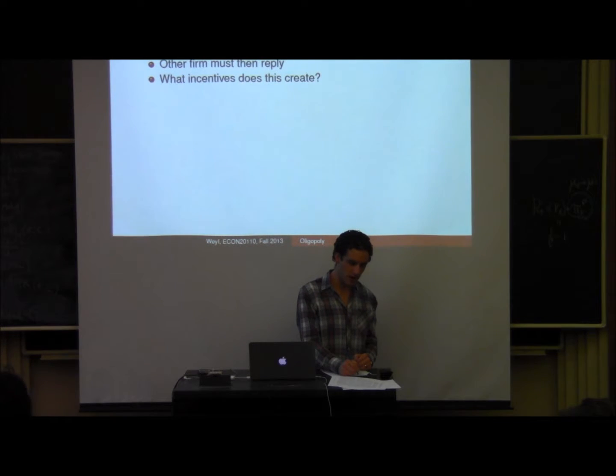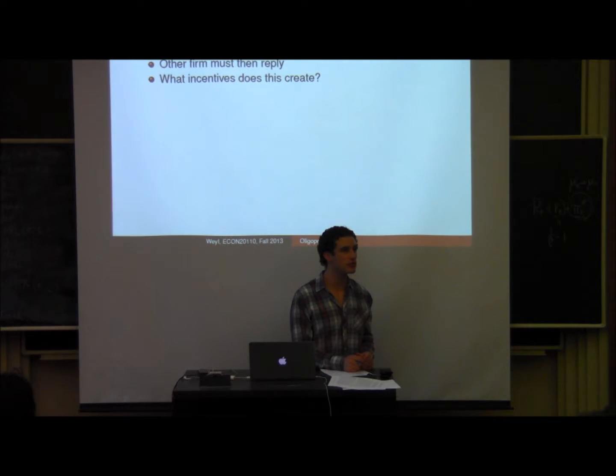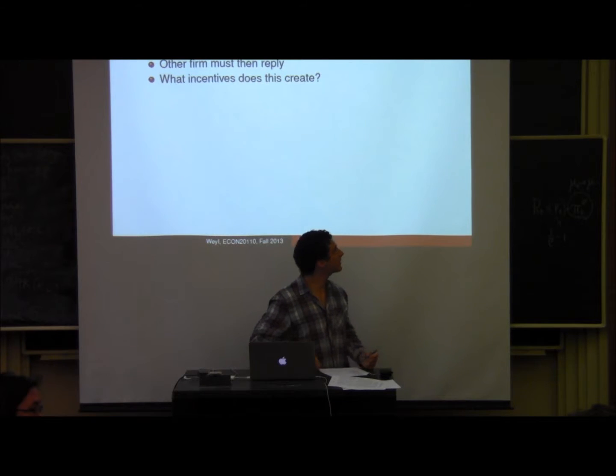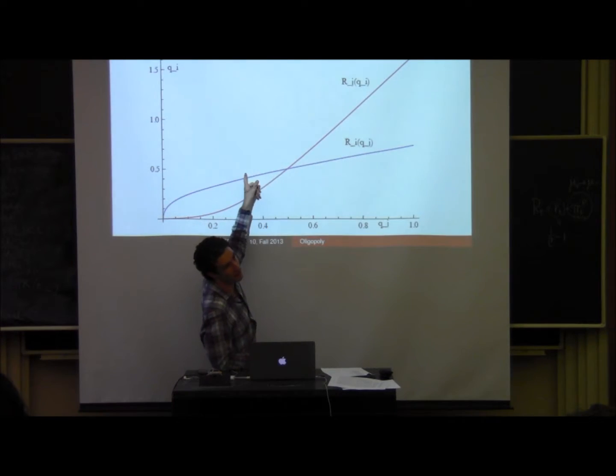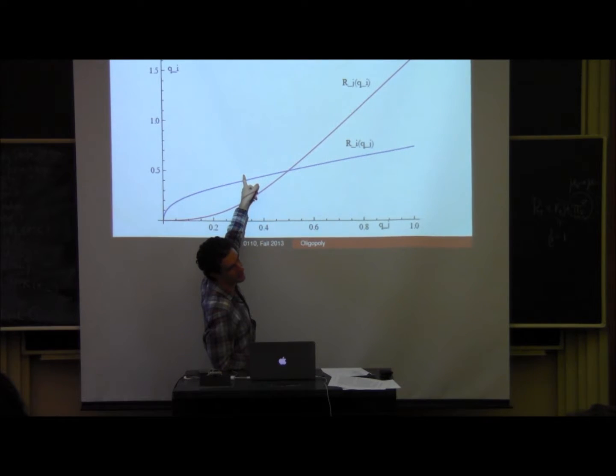Yeah, so that's right. In particular, what they're going to do is try to take whatever action will get the other firm to reduce the quantity that it's producing, right? Because they want the other firm to produce less, because that allows them to get more profit, right? So in this case, actually, they're going to produce not more, but less in order to try to get the other person to produce less.